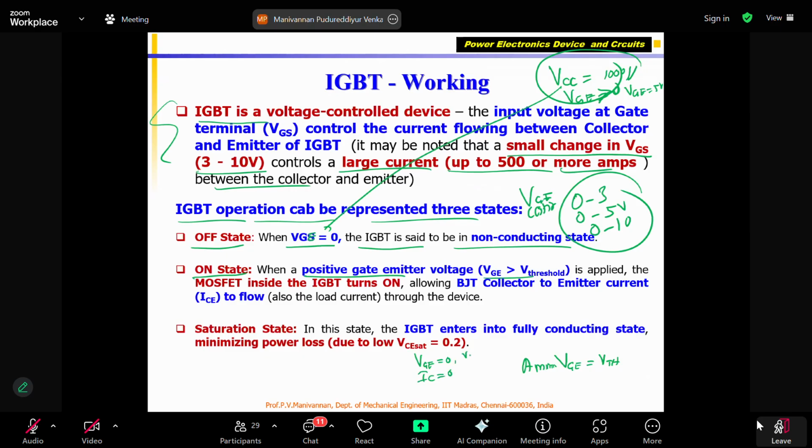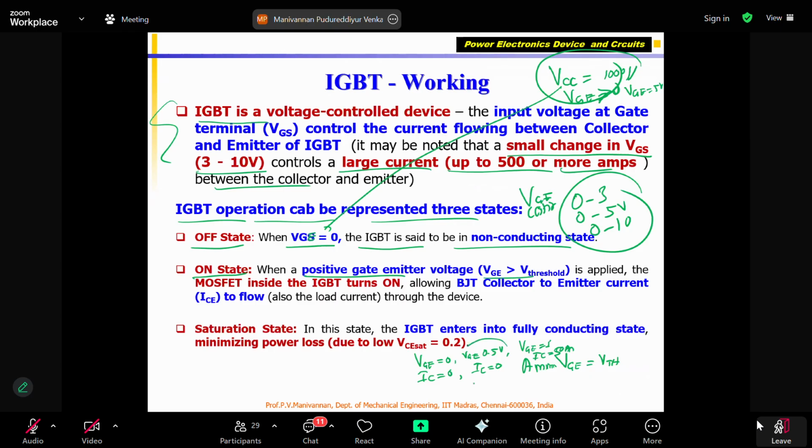Now I increase VG to 0.5 volts. I said the IGBT will start conducting when VG is positive, greater than 0. 0.5 is a positive voltage, but still you will see IC equal to 0 only. Now I increase my VGE to 1 volt. Immediately I see IC equal to 10 amps or 5 amps flowing.